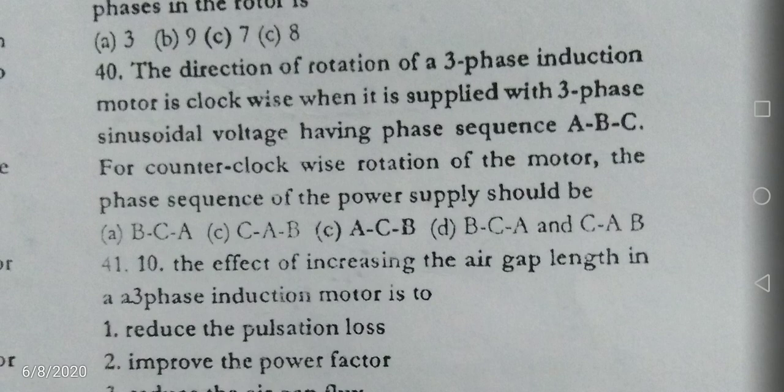Initially the machine is connected in ABC phase sequence. Option A says BCA, and BCA and ABC are the same, because if we start reading from A, again there is a B, again C. So the initial phase sequence is ABC and option A is also ABC.